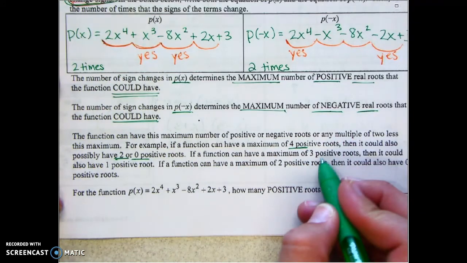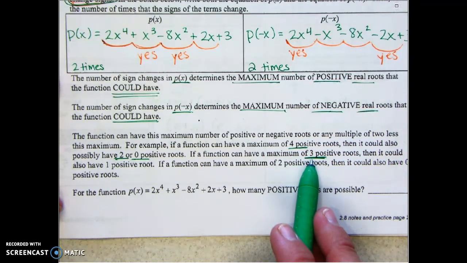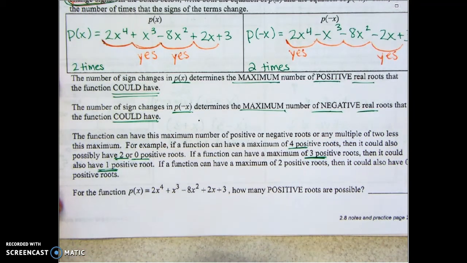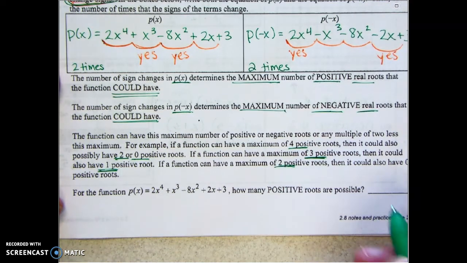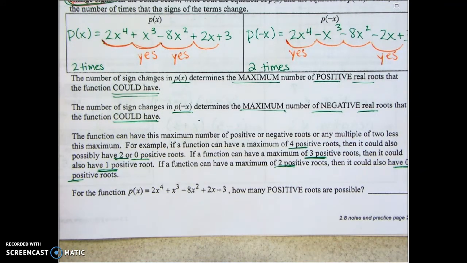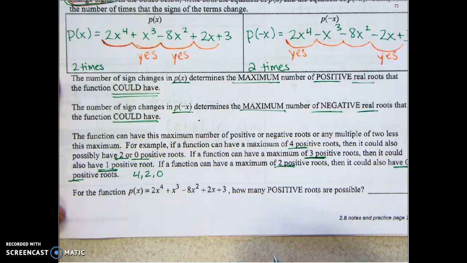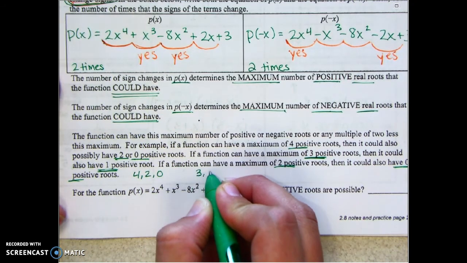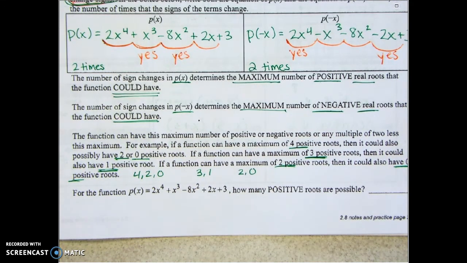If a function can have a maximum of 3 positive roots, then it could also, what's 3 minus 2? 1. It could have 1 positive root. If a function can have a maximum of 2 positive roots, then it could also have 0 positive roots. Okay, what were those patterns again? 4, 2, 0, 3, 1, 2, 0.